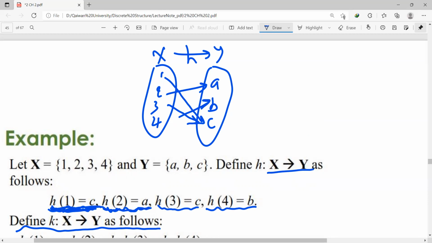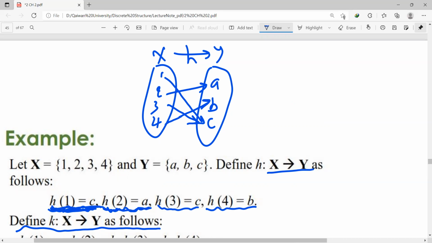Here we have no elements in Y which are not image of elements of X. Okay, so this function is not onto function. Sorry, it's an onto, I said it incorrectly.